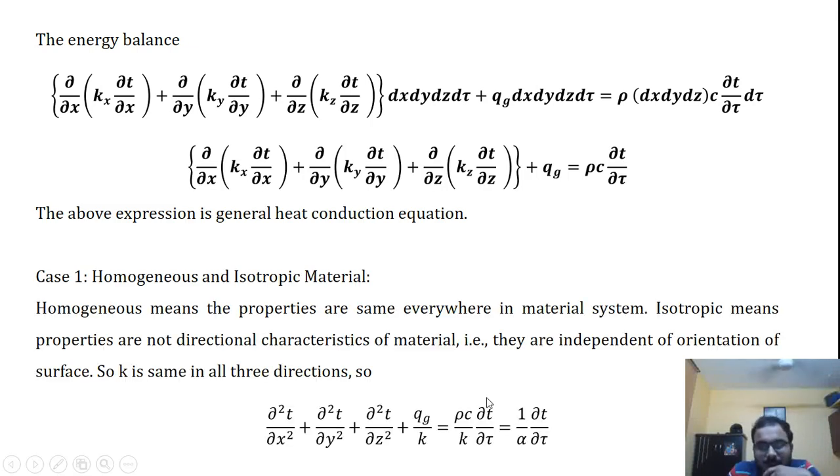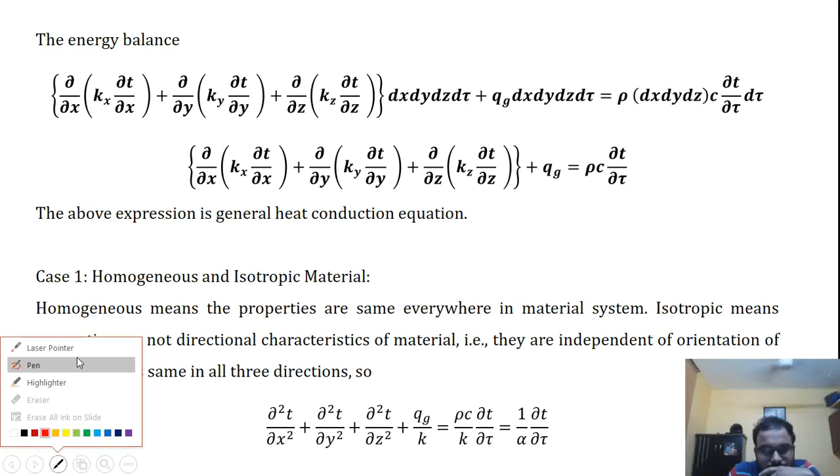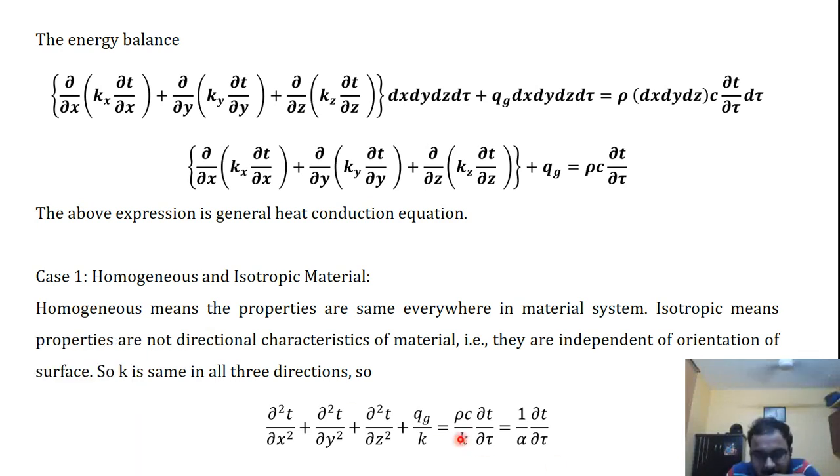And instead of K divided by rho c, we have written 1 upon alpha. We will discuss alpha later on.